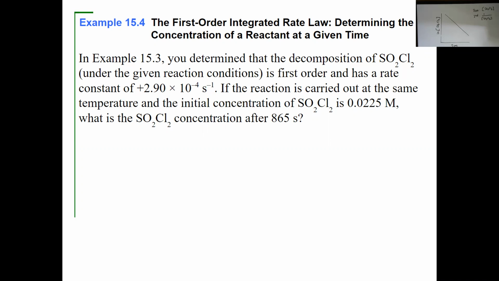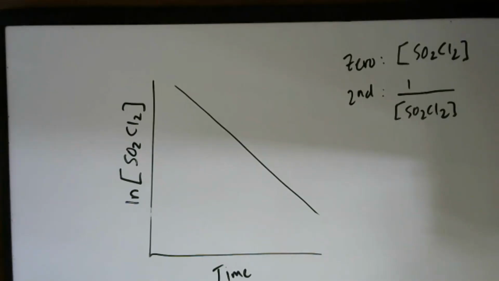All right, so let me go back to my screen. What this gets into is what is called the integrated rate law. You're going to be introduced to a chart by Professor Sheehan. It's also in your textbook.